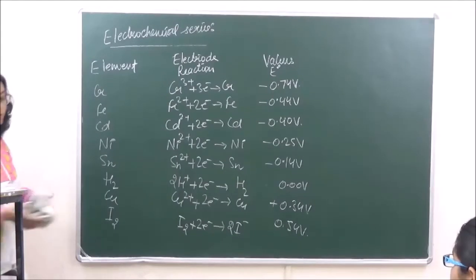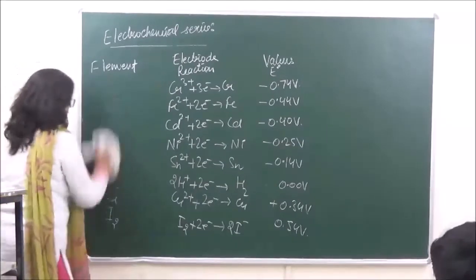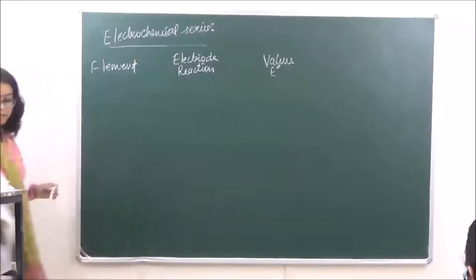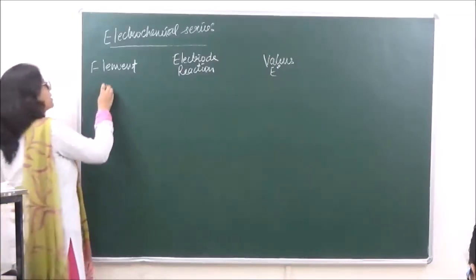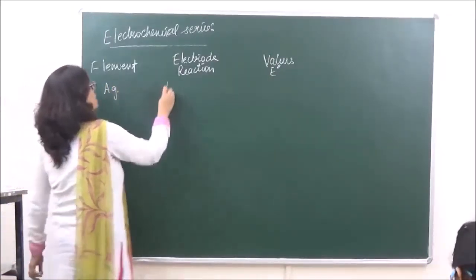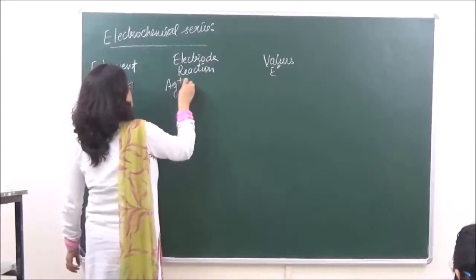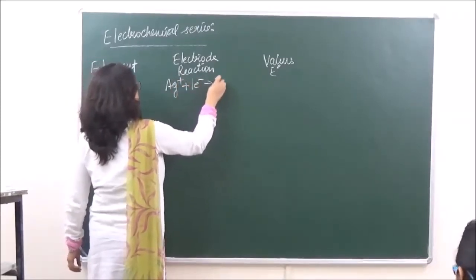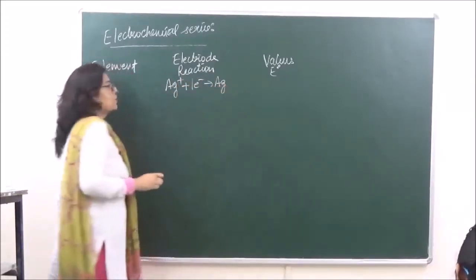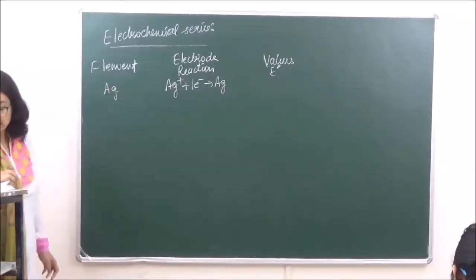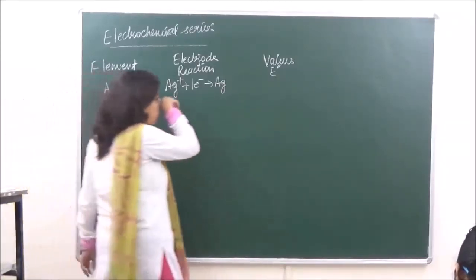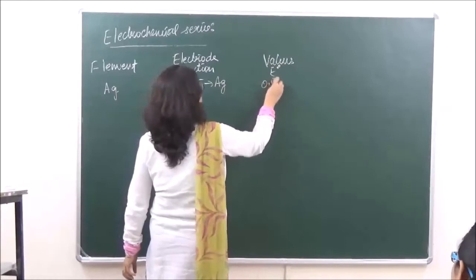Then after iodine is silver: Ag+ plus 1 electron to give Ag, and the E naught value is 0.80 volt.